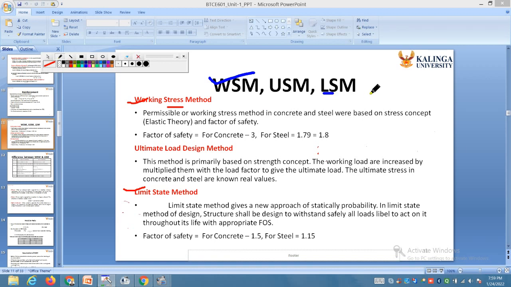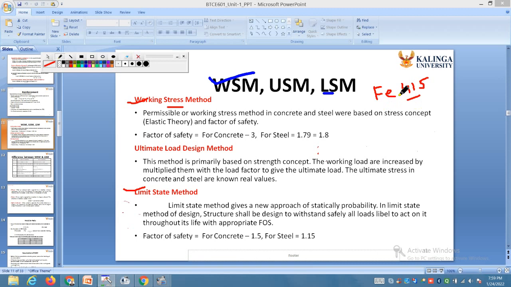If we are designing a beam and for steel reinforcement you have chosen HYSD bars, that is Fe 415. Now you are the designer and you are trying to design this. You know that in your beam you are going to use high yield strength deformed bars Fe 415.